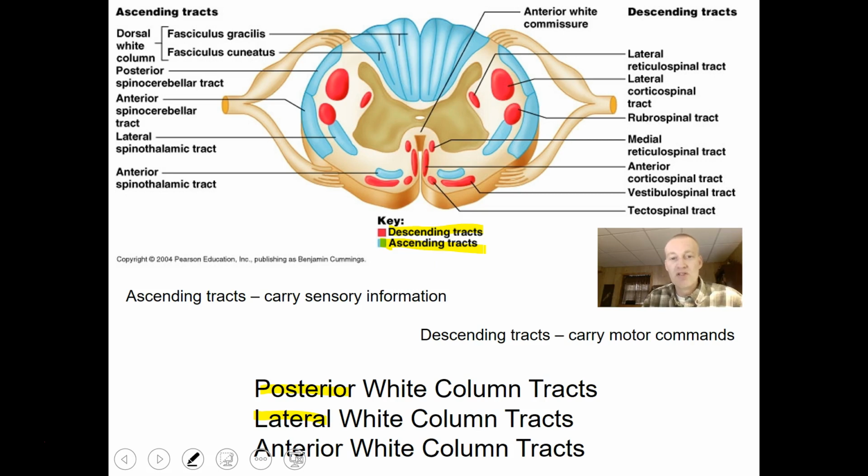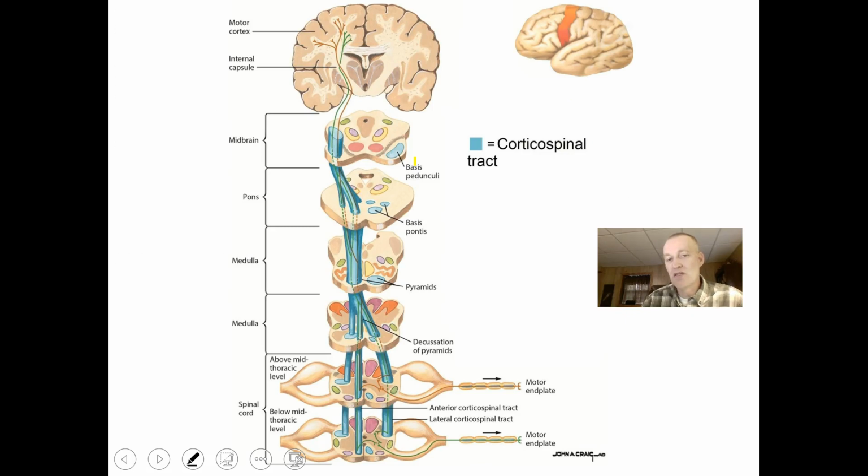So you can see in the posterior white column, the lateral white column and the anterior white column, these have specific tracts of information going through them. It's hard to get a sense of that in this transverse view, so let me show you this particular picture to show you just one particular corticospinal tract.